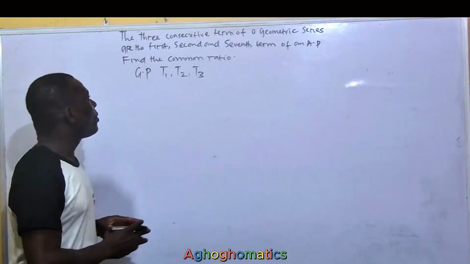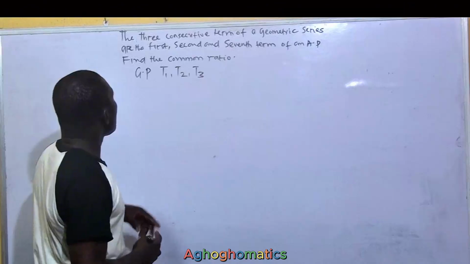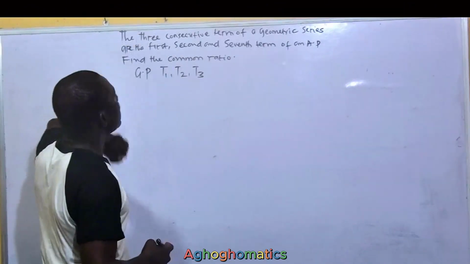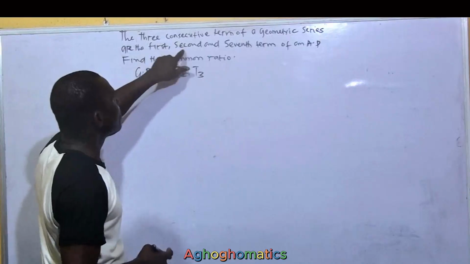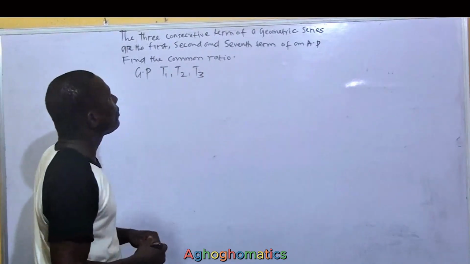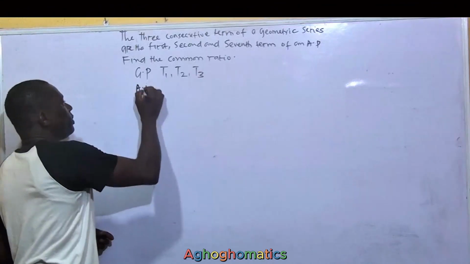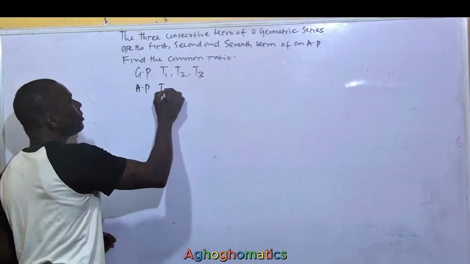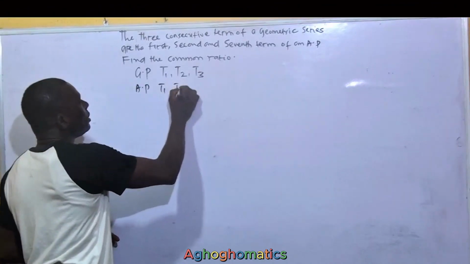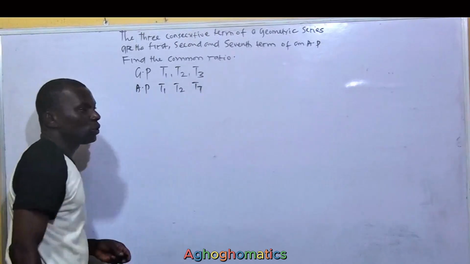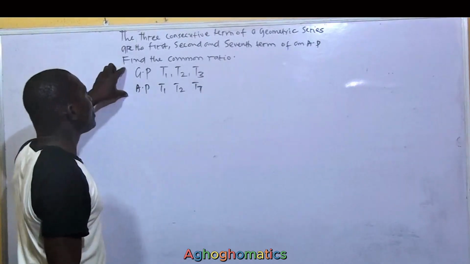Now, this is for the GP, and this geometric series has the same first term, the second, and the seventh term of an AP. So it means that we have T1, T2, and what? T7. So these are the order.